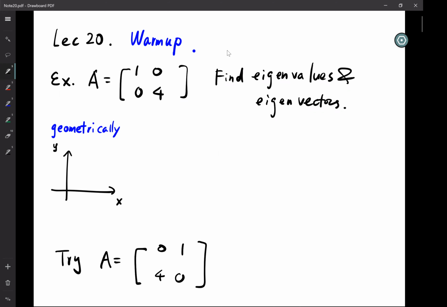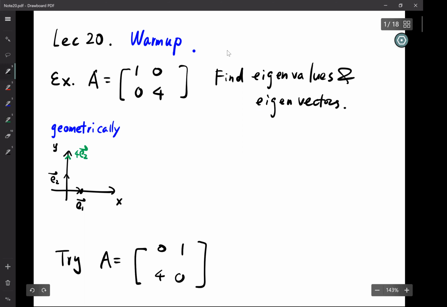If I take X1, which is (1, 0), A just keeps it the same, or E1, and AE1 is just E1. If I take the other vector, E2, or (0, 1), then this diagonal matrix is going to amplify that to 4 times E2.